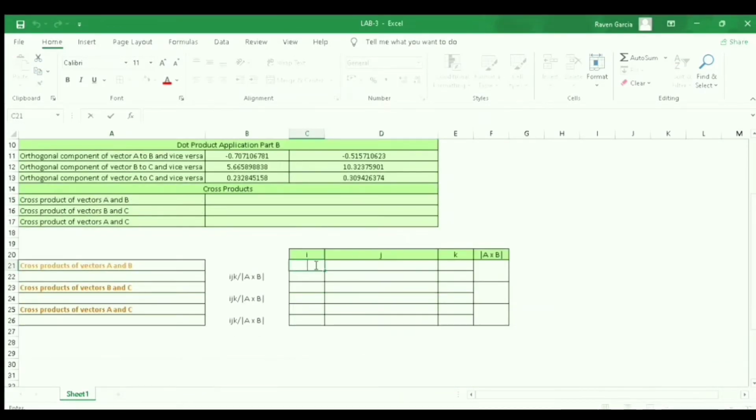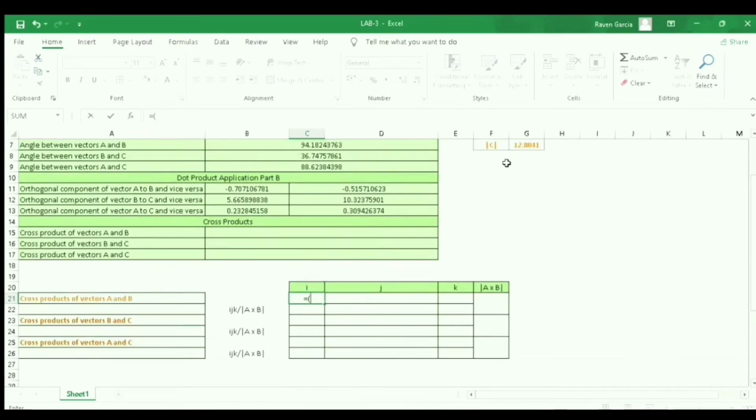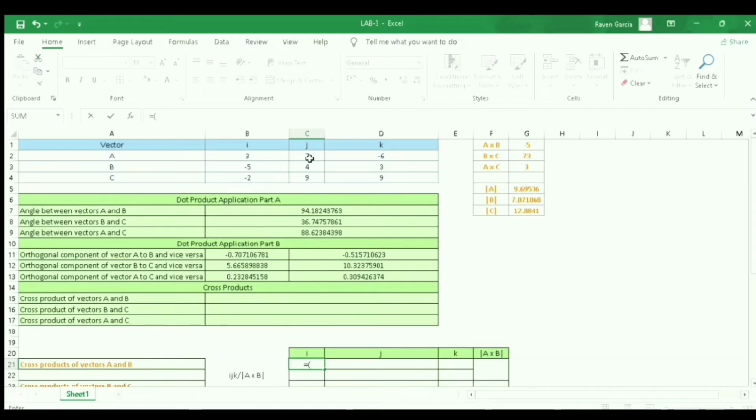Let's go on cross product. For vectors A and B, at row 21, column C, input the formula equals parenthesis C2 times D3 close parenthesis minus parenthesis D2 times C3 parenthesis and hit the enter key. The answer is 45.